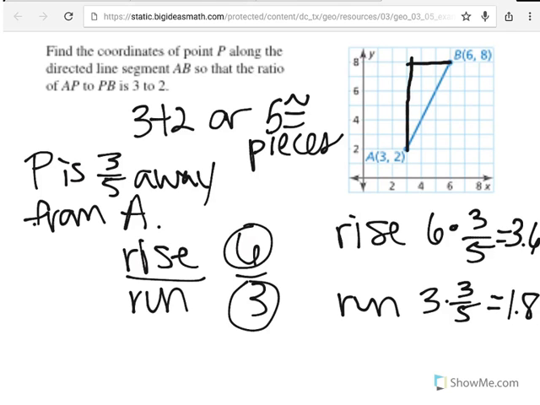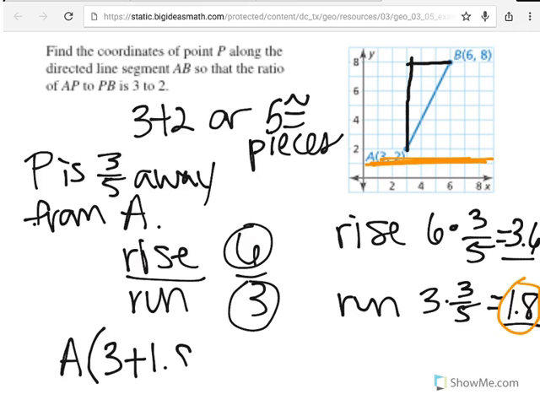Okay, our last step. We have to take each of these things and add them to my A coordinate. So the run deals with my X values. So I'm going to take 1.8 and add it to my X coordinate. So 3 plus 1.8. And then the rise deals with my Y values.